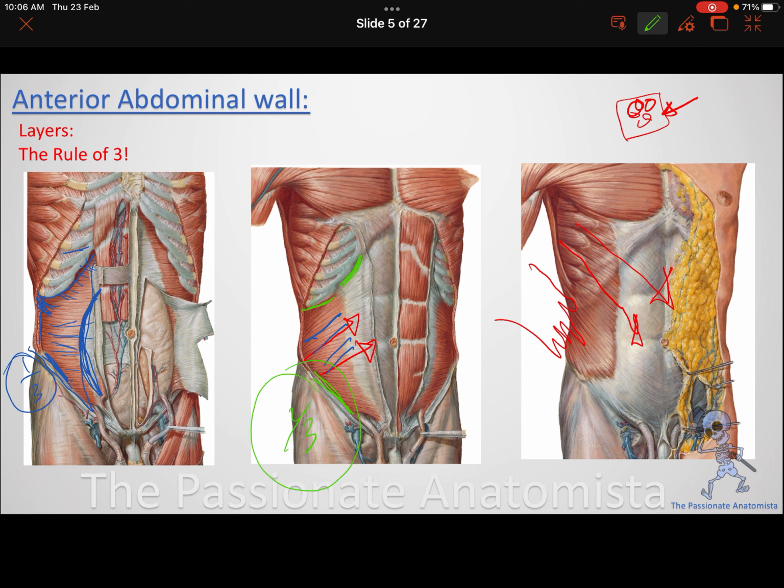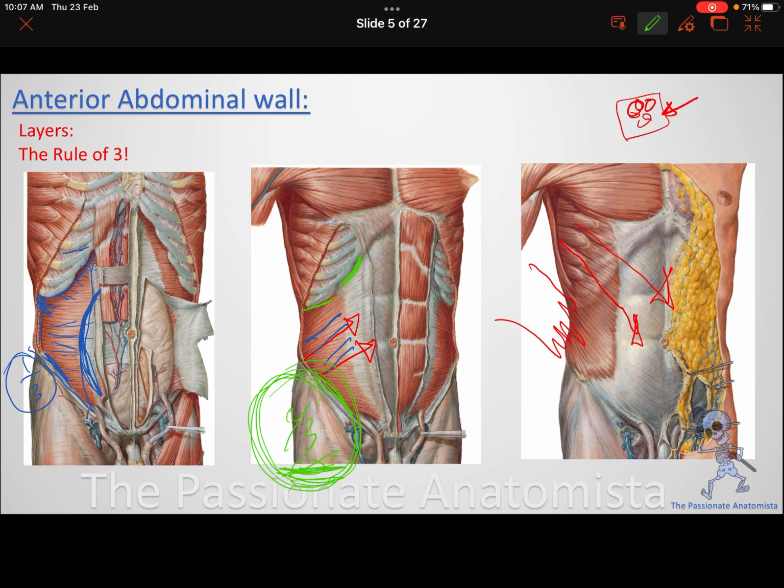Remember that the internal oblique comes from the lateral 2/3, and this is very important in the inguinal canal. When we talk about the walls of the canal, remember that the internal oblique comes from the 2/3, because that will give reinforcement to the wall, and it will make sense that only the internal oblique gives reinforcement in the anterior wall. Okay, so this is how to differentiate between the muscles.